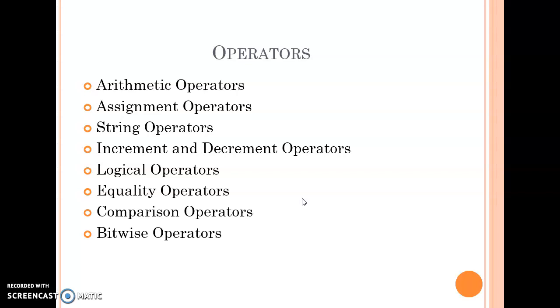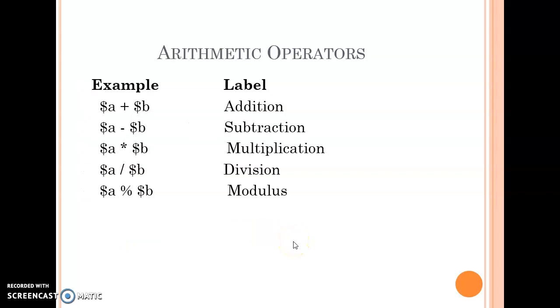Next, operators. There are several types of operators: arithmetic, assignment, string operators, increment and decrement operators, logical operators, equality operators, comparison operators, and bitwise operators. Arithmetic operators you already know: addition, subtraction, multiplication, division, and modulus.